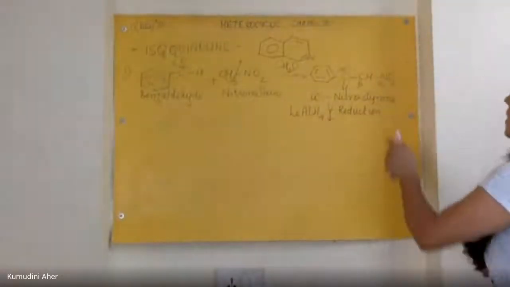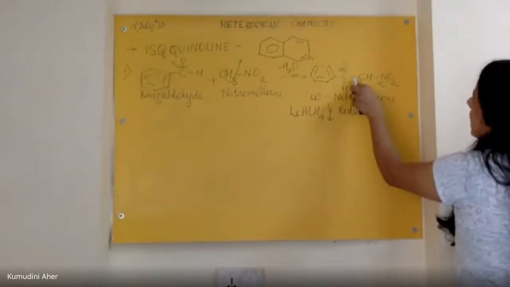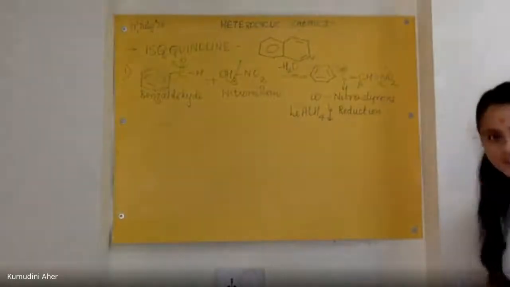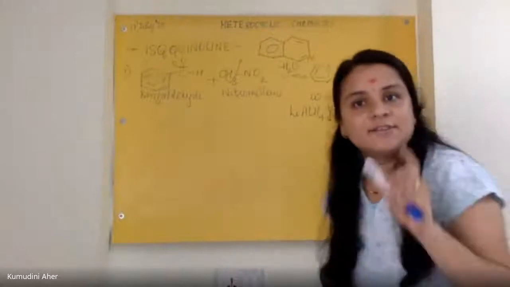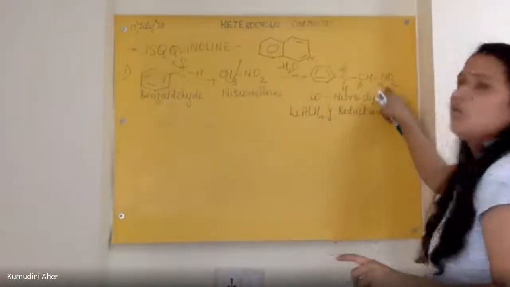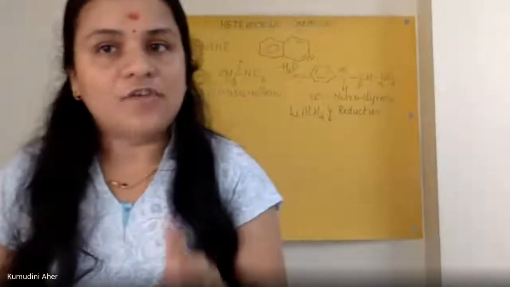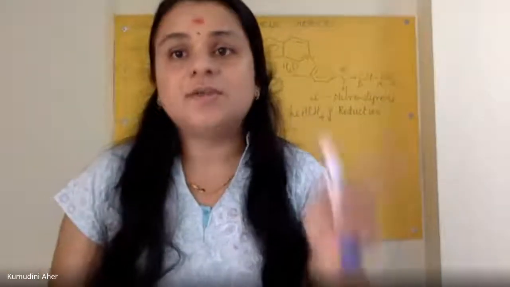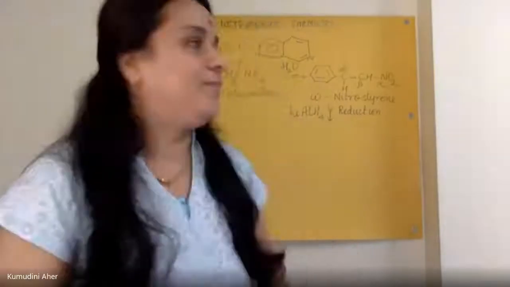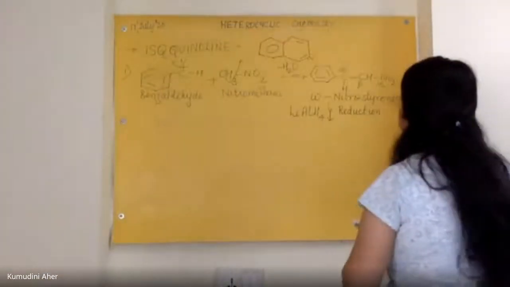It's going to reduce this unsaturation, as well as it is going to reduce this NO2 group. I said it is addition of hydrogen or removal of oxygen. In this process, both are taking place. So let us study the synthesis in the next step.